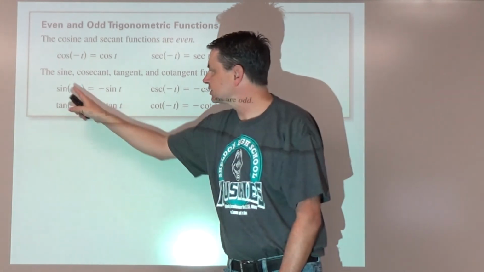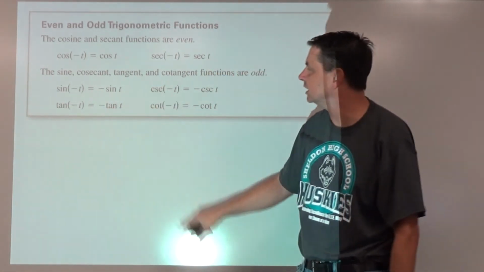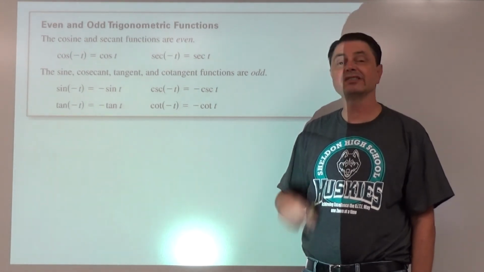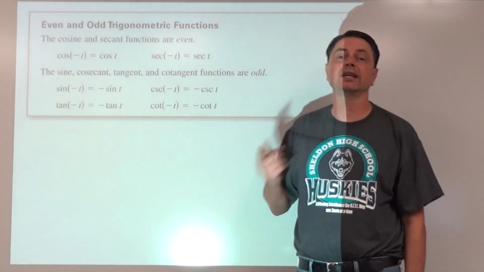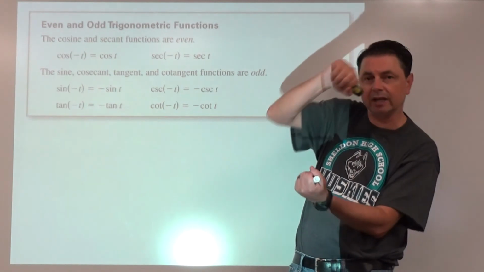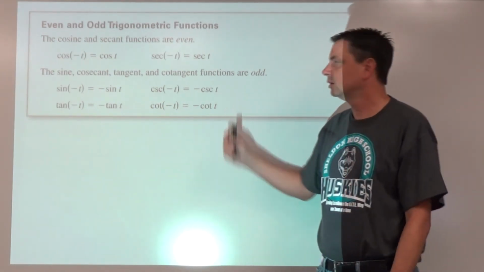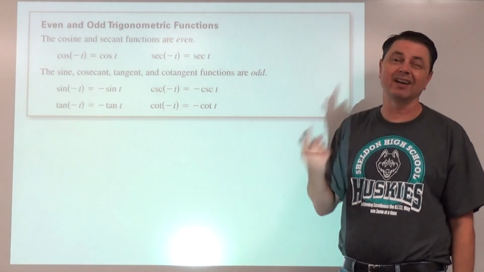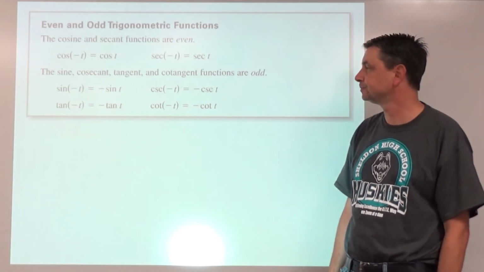The other four, sine, tangent, cosecant, cotangent, are all odd functions, which means they all have point symmetry. So when we're looking at their graphs, if we rotate them halfway around, they're going to be rotations of each other, so they'll have point symmetry about the origin.